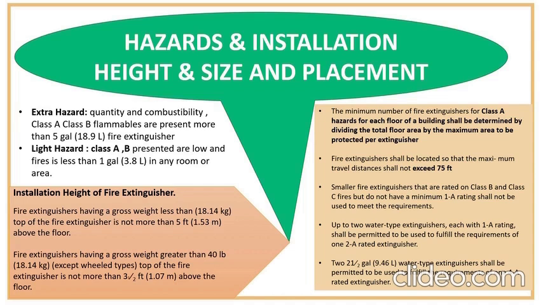you have to consider the top of the fire extinguisher is 1.07 meter above the floor level. The minimum number of fire extinguishers for class A hazard for each floor of the building shall be determined by dividing the total floor area by the maximum area to be protected per fire extinguisher.